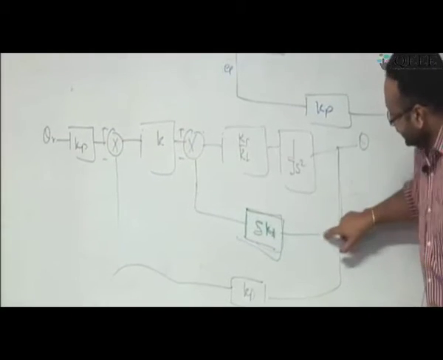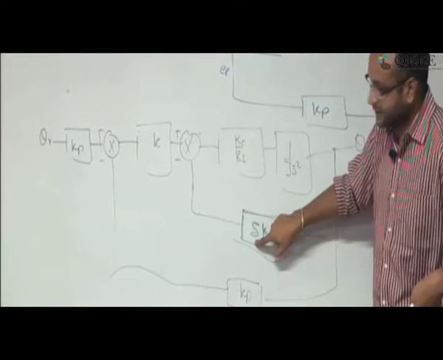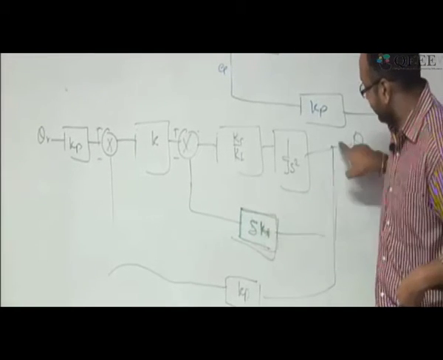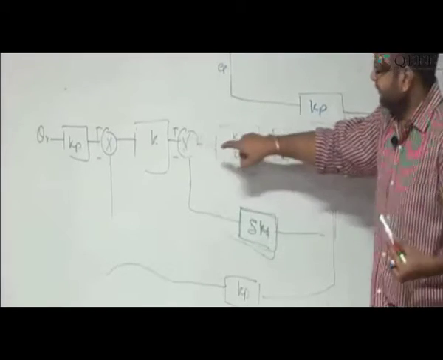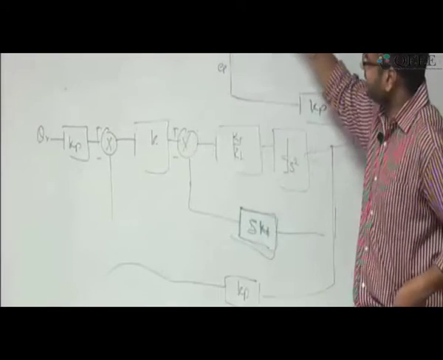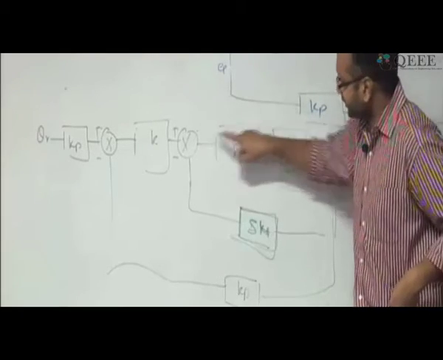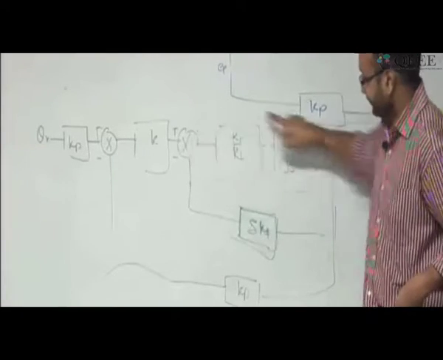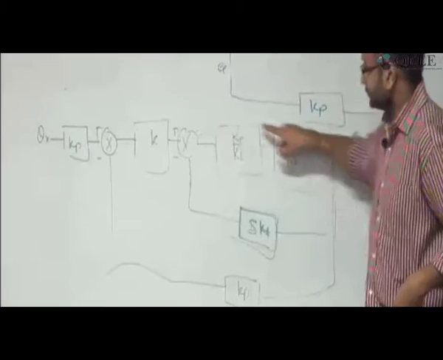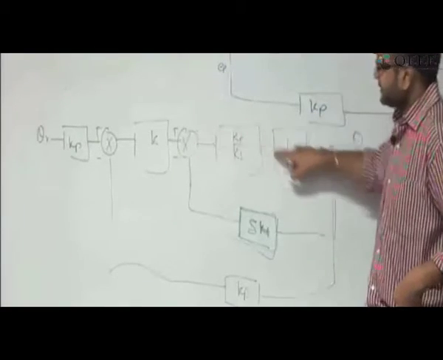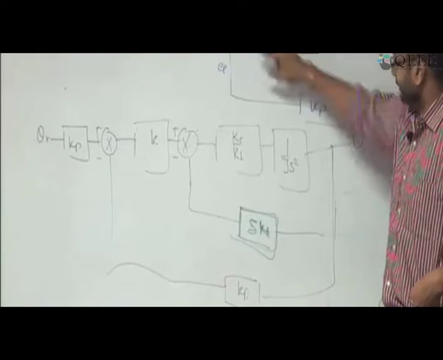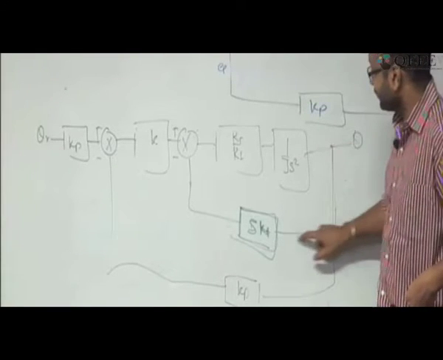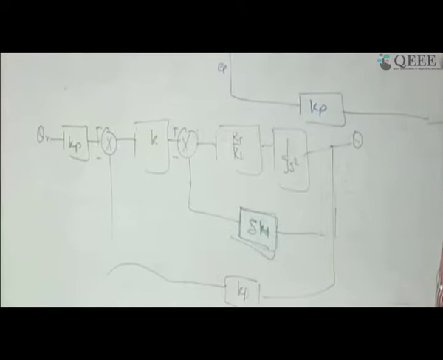Whatever output is coming, if you multiply by s, it is like taking a derivative of this signal. Look at the difference here. Now I am not taking the derivative of the error, I am taking the derivative of the output, correct? So in this case it will not emphasize the error the way we were doing it before. Okay, this is the alternate way people have used.